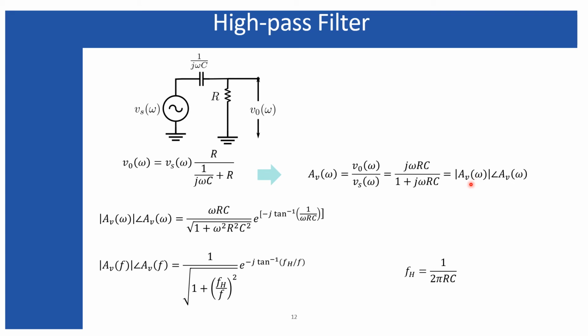Here also I am taking the magnitude and phase separately. The magnitude appears in a different way than it appeared for the low pass filter, and the phase also appears in a different way.